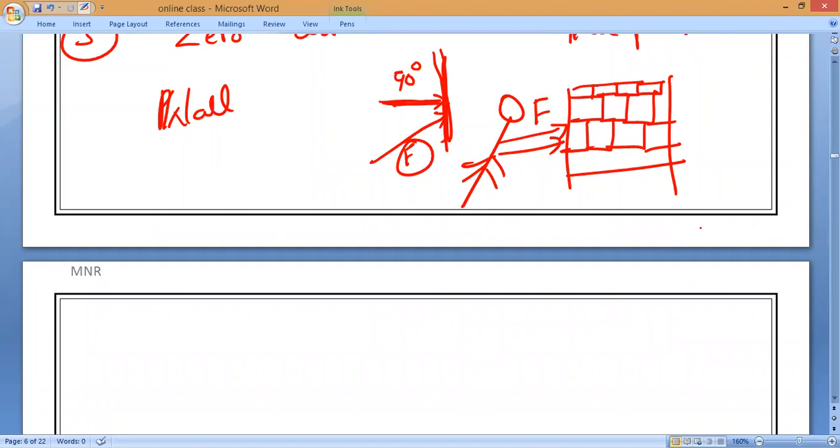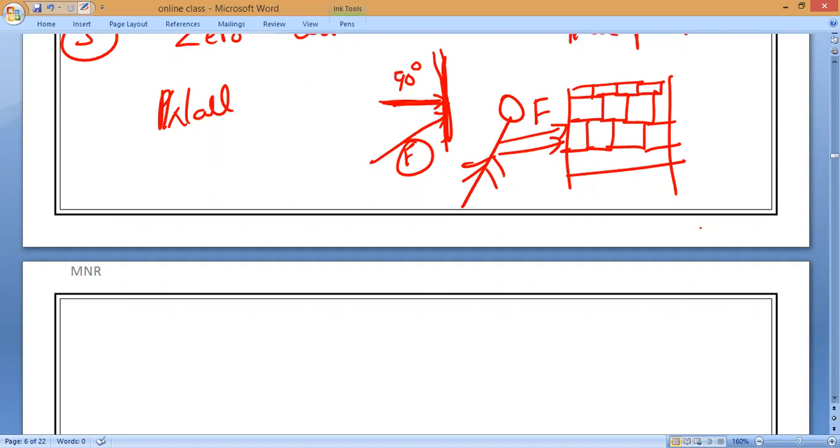This means displacement of the wall is zero.